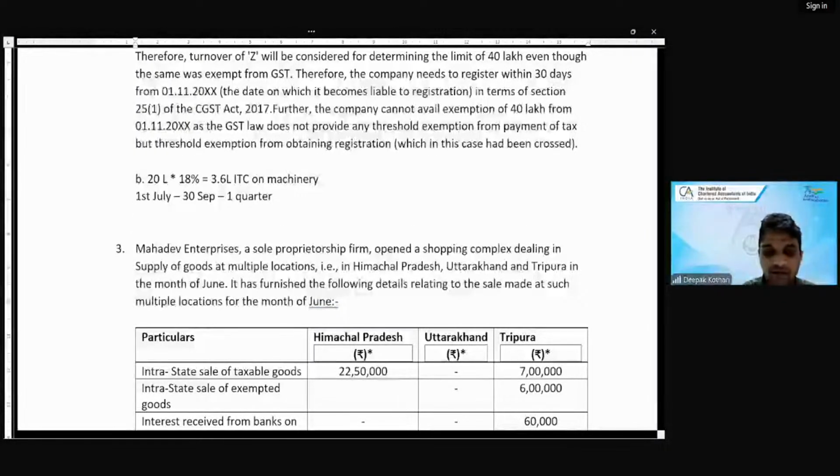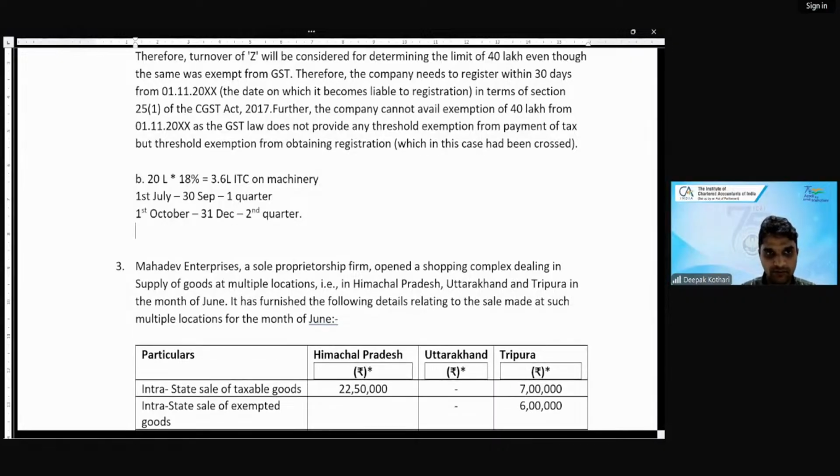Then 1st October, October, November, December, to 31st December is the second quarter. Okay. So 3.6 lakhs into 2 quarters. Generally, how much percentage should we reduce each quarter? 5%. Okay, how much is this? 3.6 into 2 quarters at 5%.